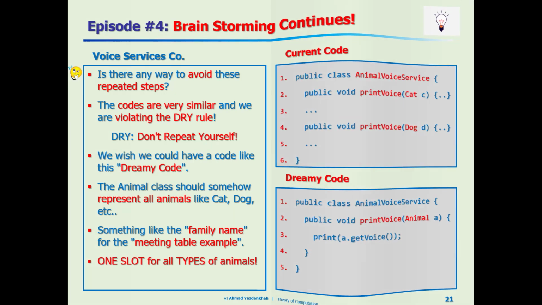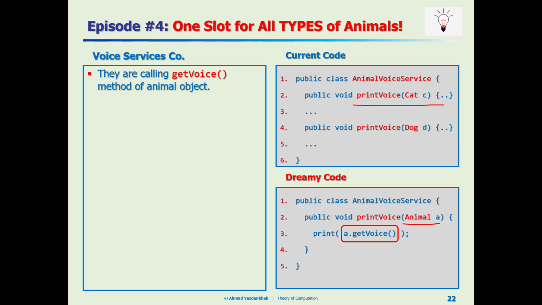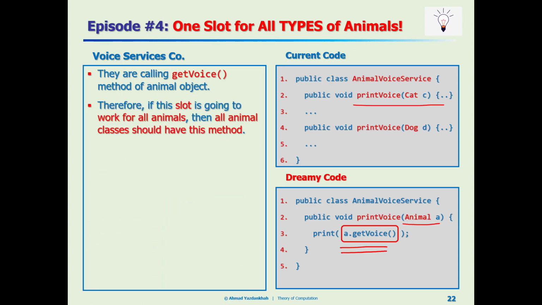Okay, so if this is the case, then here we just need to pass one animal, let's say a cat or whatever, and this portion of the code needs to call the get voice of that animal. But how can we make sure that the animal we are passing here has this get voice, right?